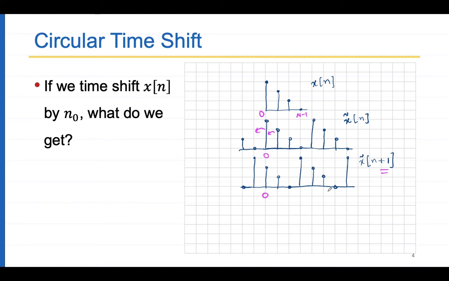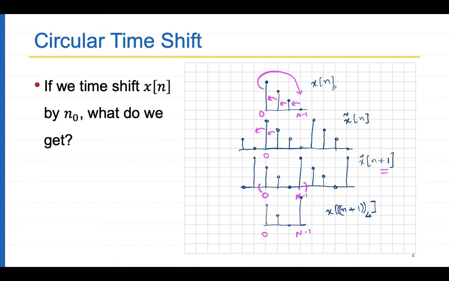But now you look at the interval 0 to N minus 1. This is my N minus 1 now. If you just look at this interval, you get x[n plus 1 modulo 4]. So this is your shifted version of x[n]. What you find actually happening is that the value 2 has gone to 0, this has gone here, this has gone here, and this one has gone all the way in a circular shift.